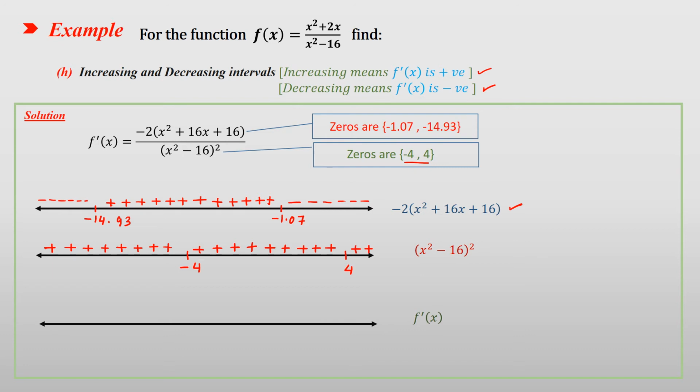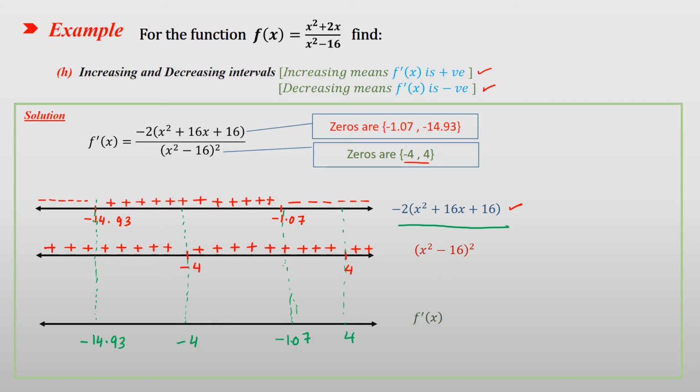Now you have to find the sign of the overall function f prime. So f prime is numerator divided by denominator. So you have to put the numbers negative 14.93, then we have negative 4, we have negative 1.07, and we have 4.